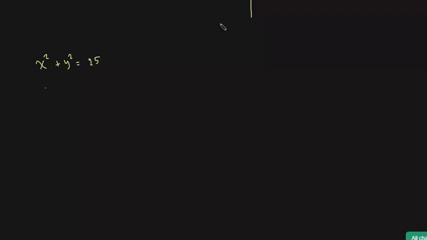This time, we don't have the h, and we don't have the k. Meaning it's on the origin. So we have 0 for h, 0 for k, and for the r, it's just 5 units.